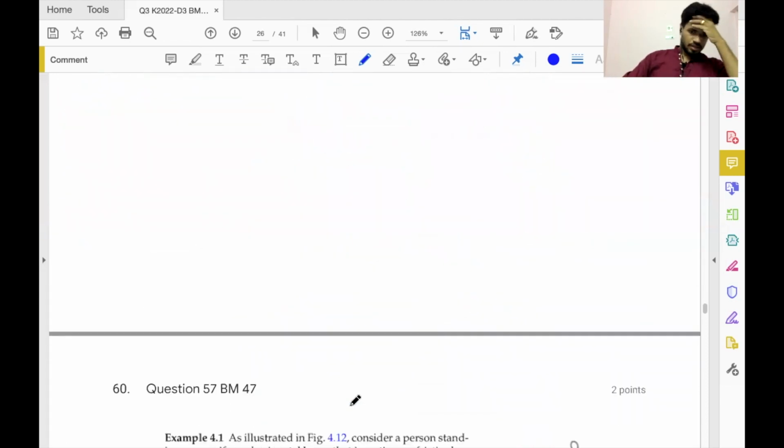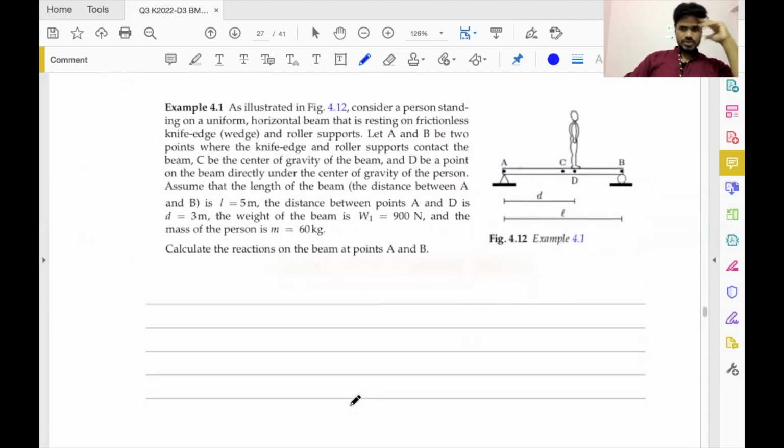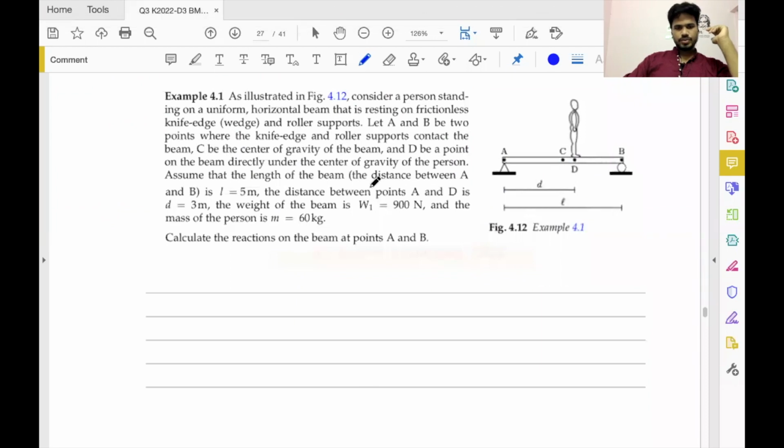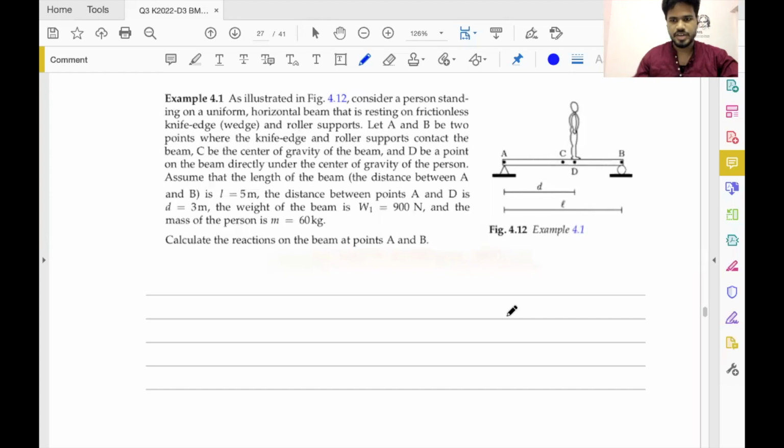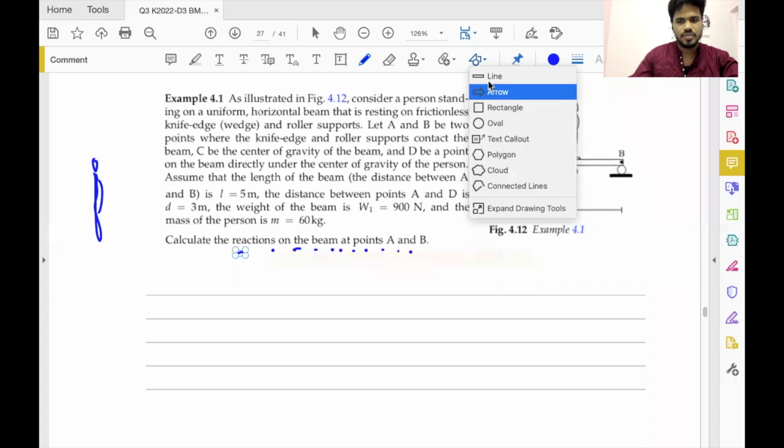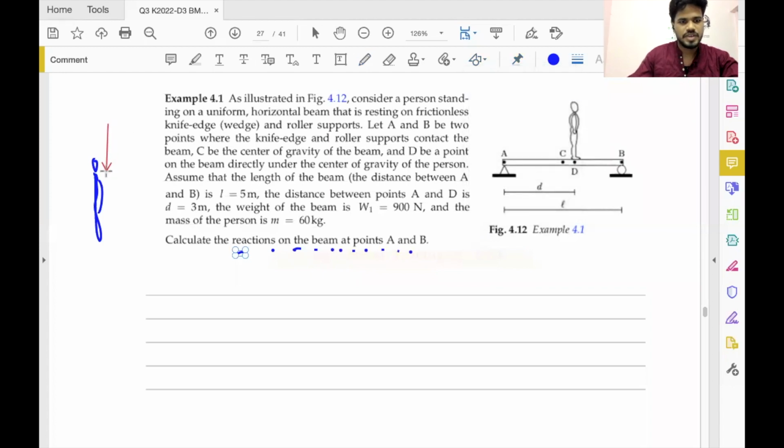Okay. Then let's also quickly do this problem, one full problem. So we already discussed what is free body diagram and all that. Now I'm going to draw, what we have to do is to find the reactions at points A and B. So we have the person, let's just pretend this is a person for the time being. There is one force acting, his weight acting downwards.